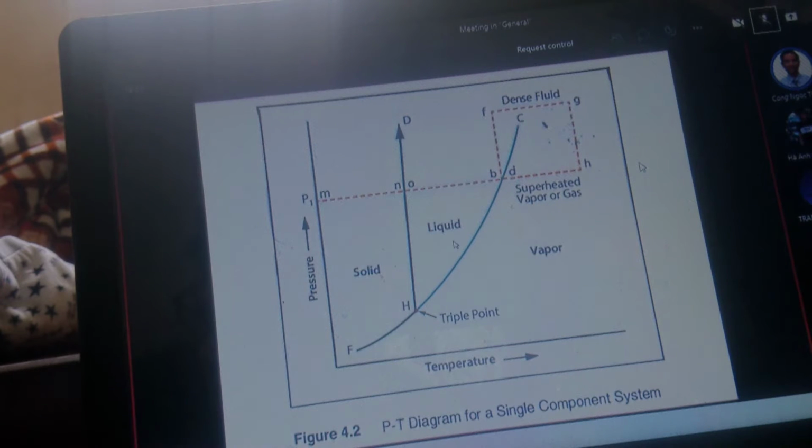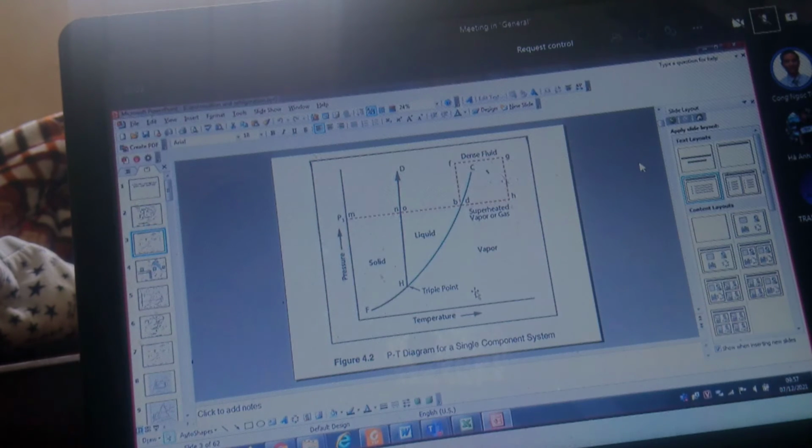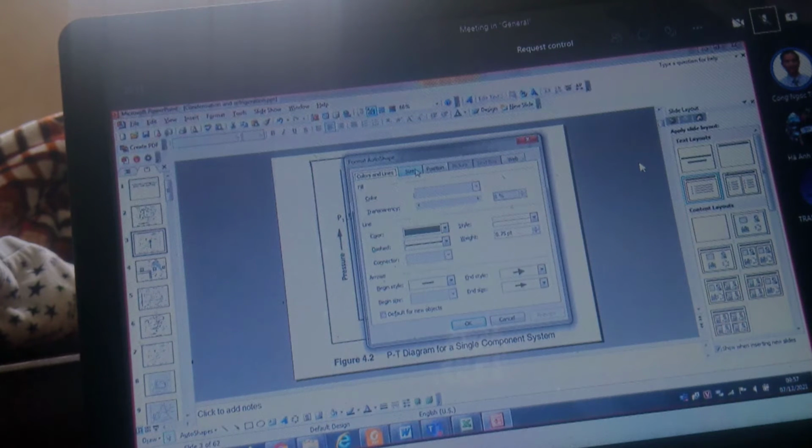You can see here, we can increase pressure. Any idea?